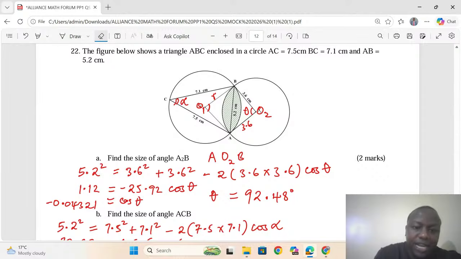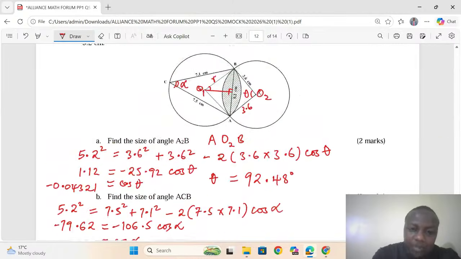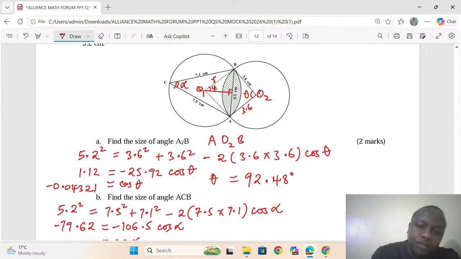So can we find that radius by saying this? We can divide the whole triangle into 2. Then we talk about half the angle, which will again take us back to 41.62. Then with the 5.2, we can talk of 2.6.